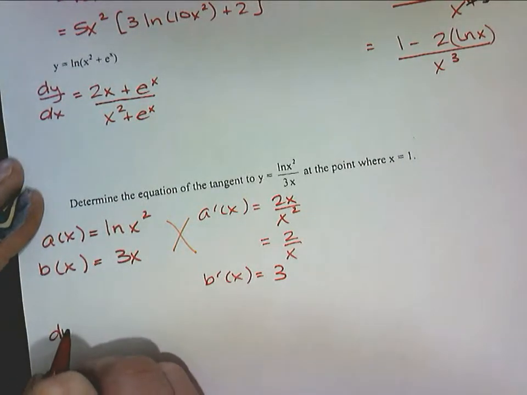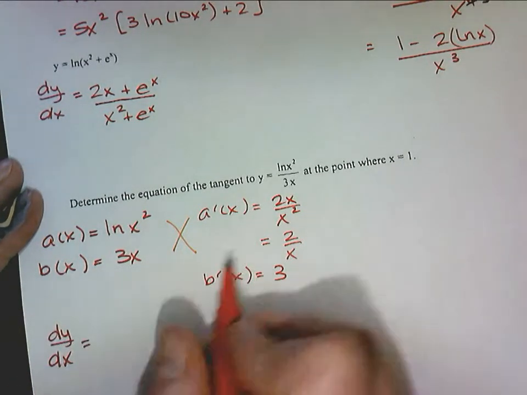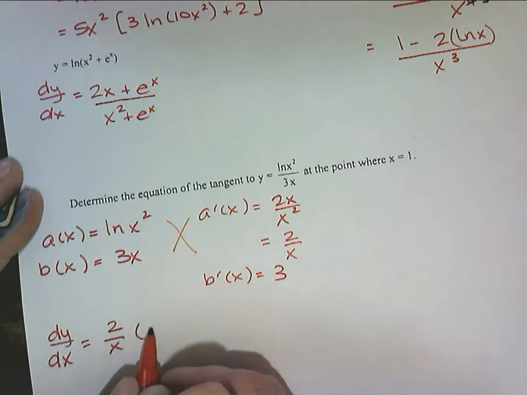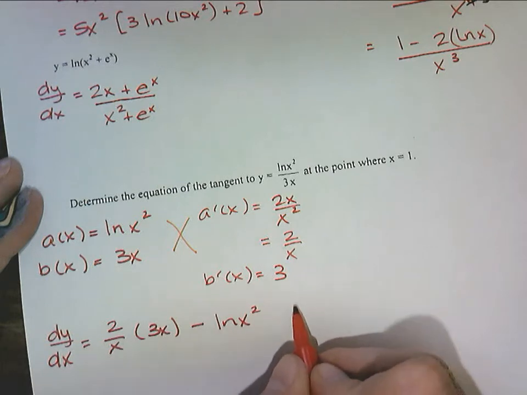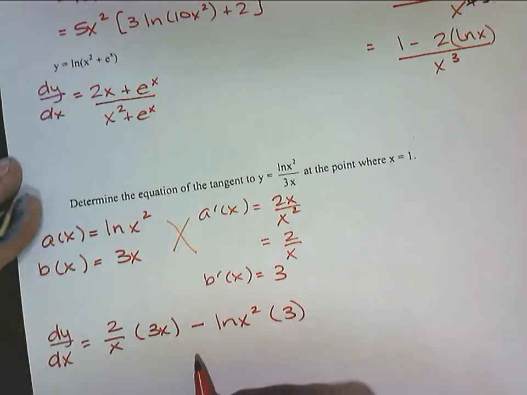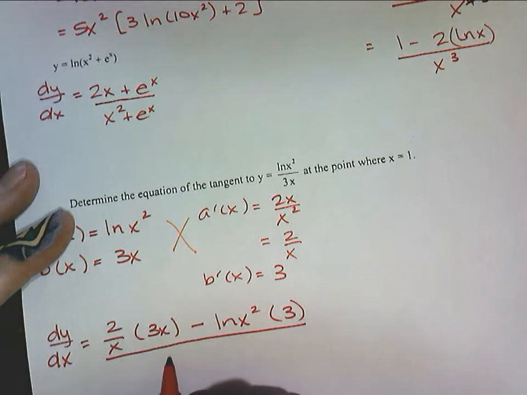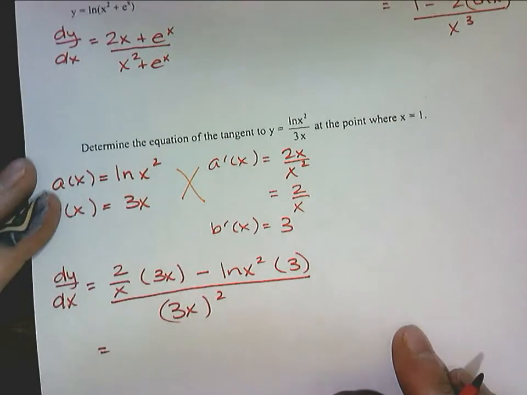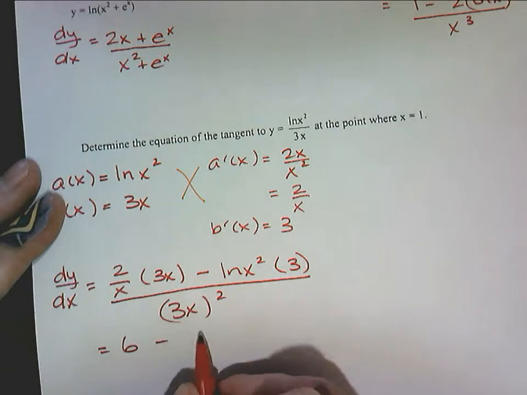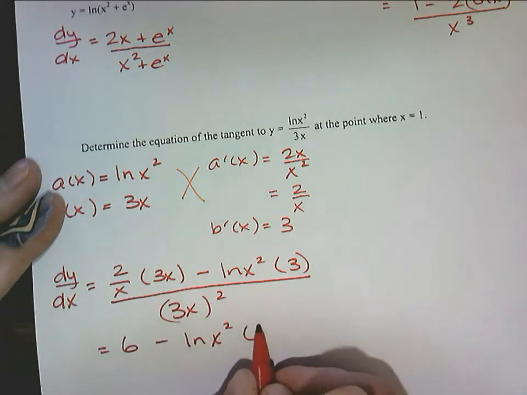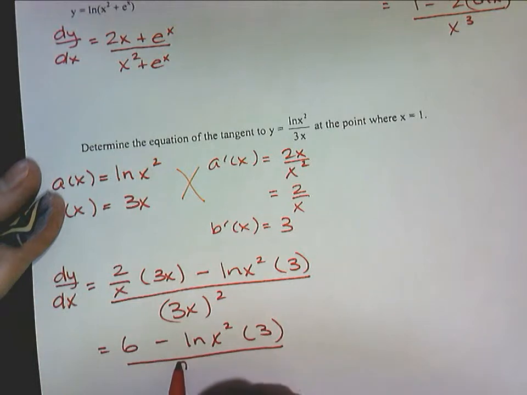So let's look at dy by dx. Well, that's a prime b of x, we're going to subtract ln x squared and 3, and this is all over 3x squared. So let's simplify this. This gives me just 6 minus ln x squared times 3, all over 9x squared.